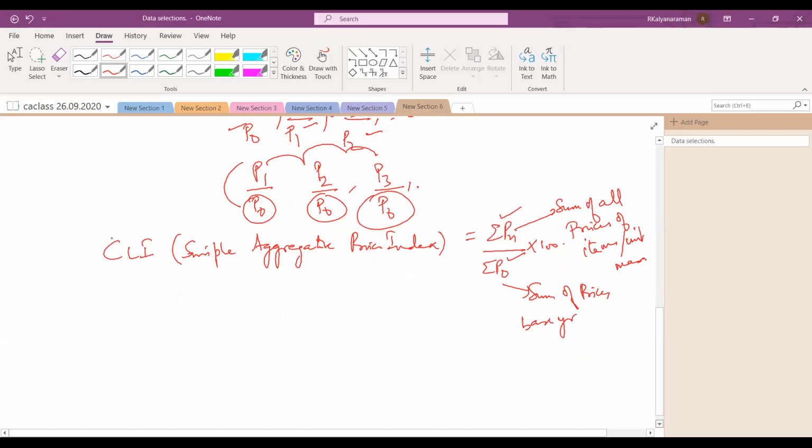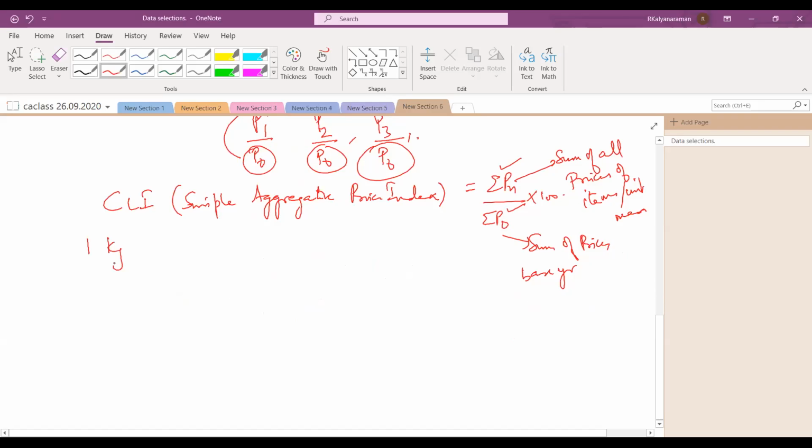For example, I have bought 1 kg of rice. This is for 2018, this is for 2020. I bought 1 kg of rice, wheat, sugar, etc. in 2018. Suppose rice was at that time 42 rupees. Wheat was say 65 rupees. Sugar was 67 rupees. Now this is 43. This is 70.